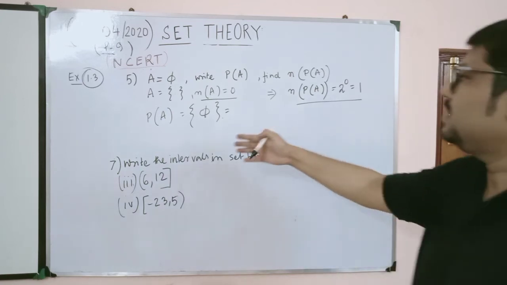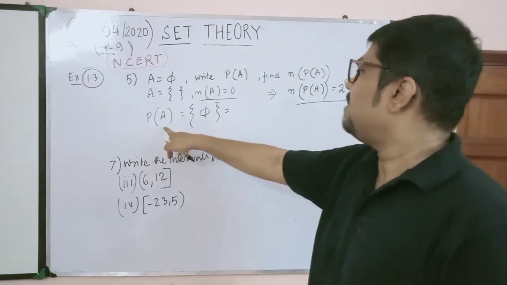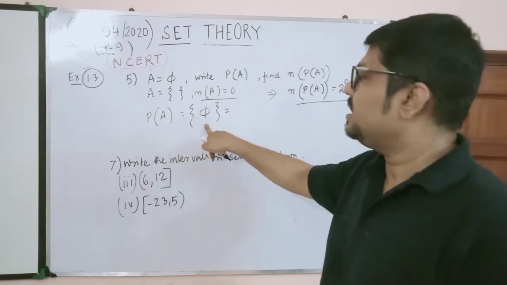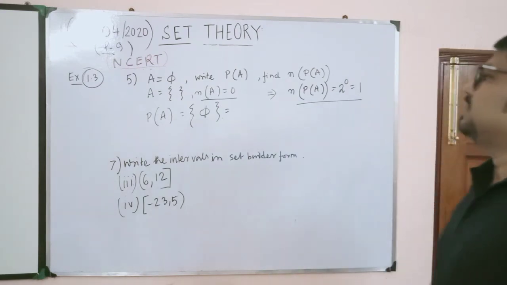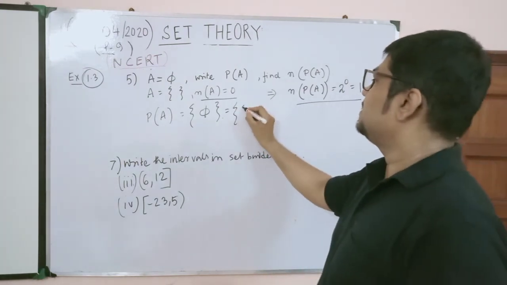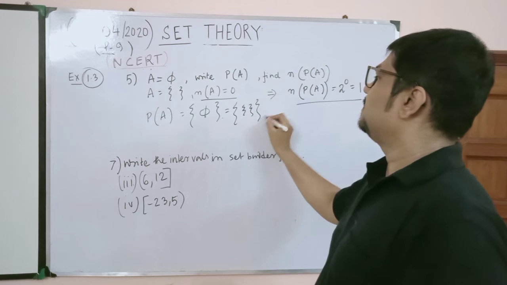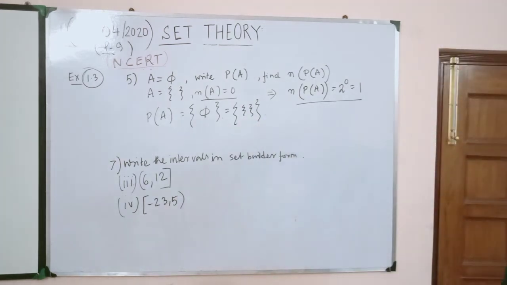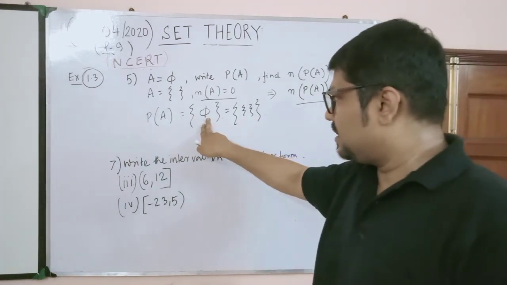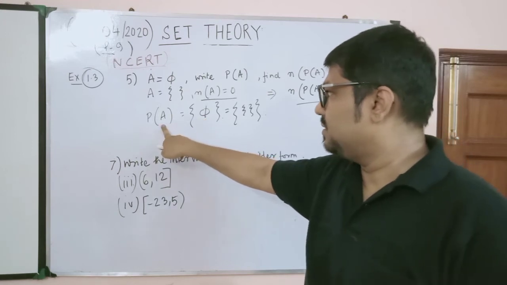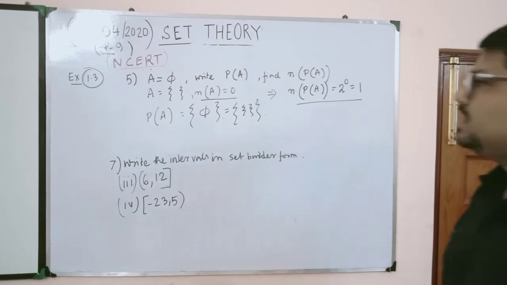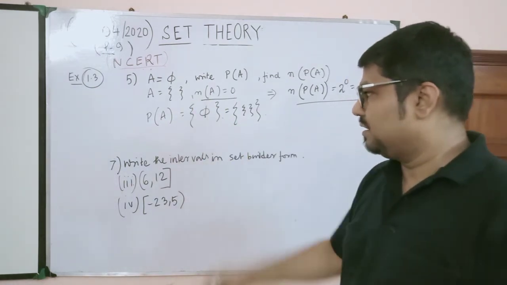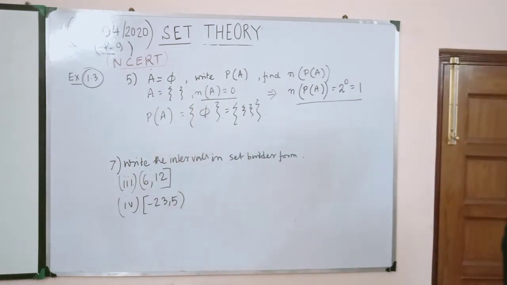So it's a null and only one set is there. So for power set of A, how many elements are there? Cardinality will be 1 and this is there. So you can also write like this, because these are the subsets of A actually. How many subsets are there? Only one subset is there. That is phi itself.